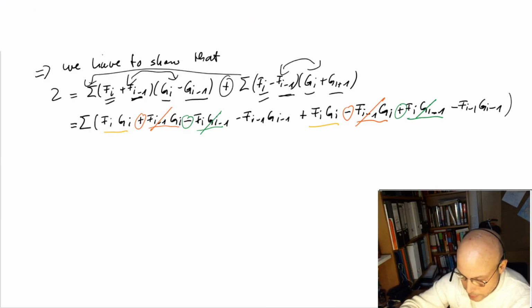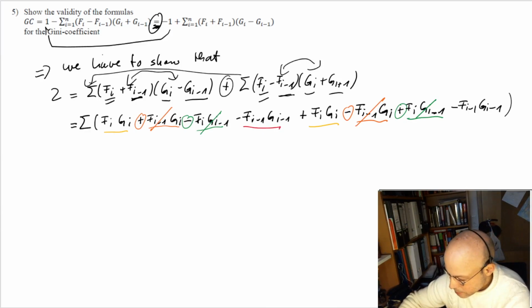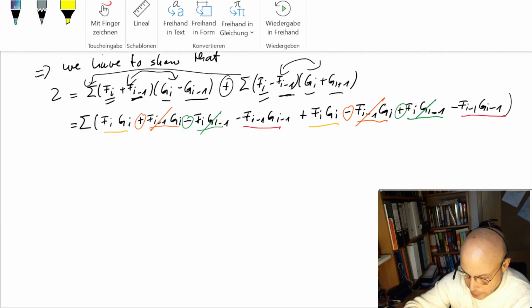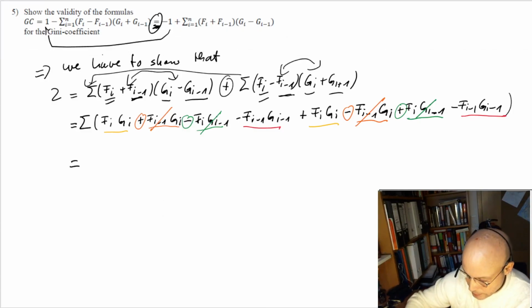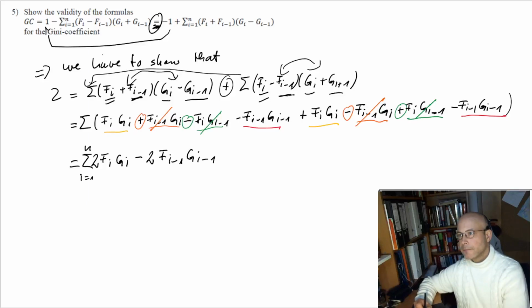And what is then left are the i minus 1 terms. So in total we obtain the sum of 2 f_i g_i minus 2 f_{i-1} g_{i-1}, the sum of course from 1 to n.